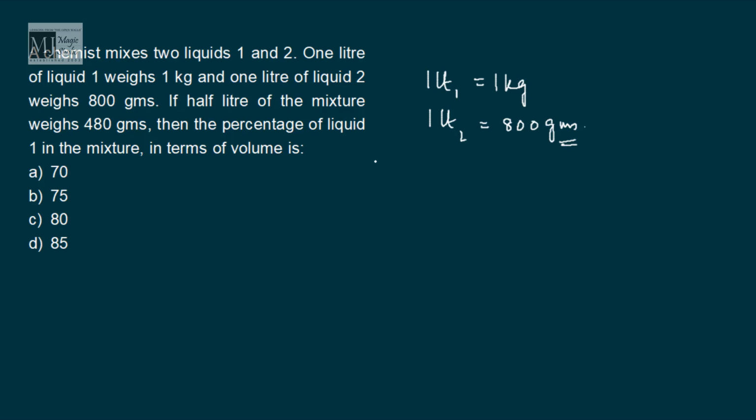If half a liter of the mixture, suppose this is A and B, weighs 480 grams. Now, what is the percentage of liquid 1 in the mixture in terms of volume?